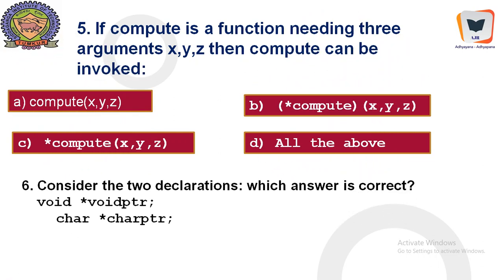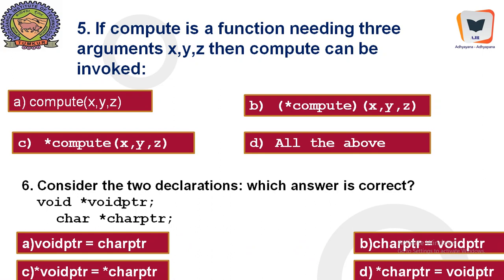Consider the true declaration. Which answer is correct? void pointer, character pointer. A void pointer points to void kind of data, and void kind of data means no data. Therefore a void pointer doesn't hold anything, it is empty. A character pointer can point to a character variable.